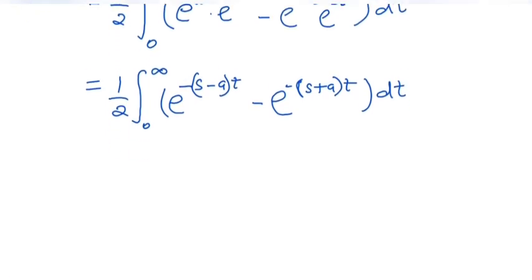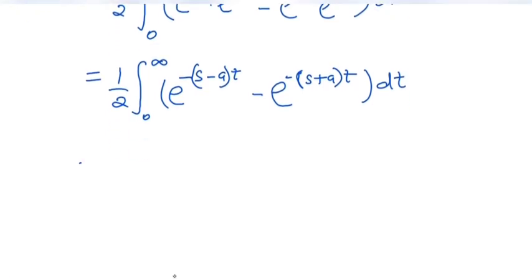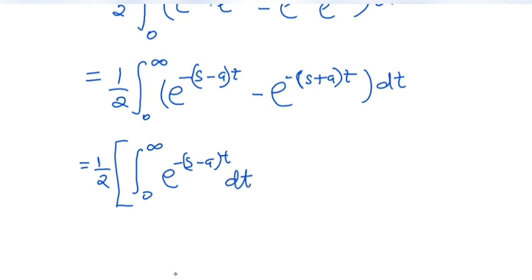And we can actually separate these integrals, and we'll have 1 over 2 times the big bracket: the integral of 0 to infinity e to the negative (s minus a) t dt, minus integral 0 to infinity e to the power of negative (s plus a) t dt.